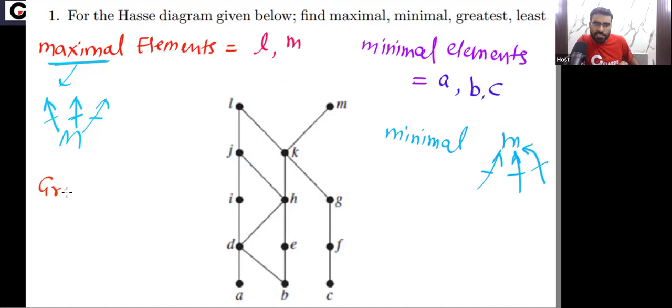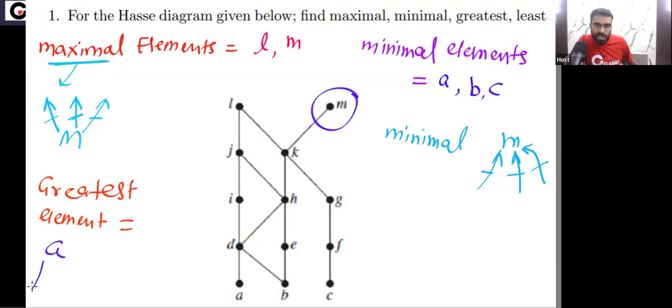And who is the greatest element? Is there any greatest element here? Can I say this is the greatest? Tell me why this is not greatest. Because the greatest element says that everyone is related to me.